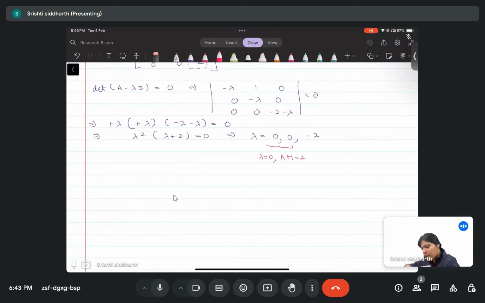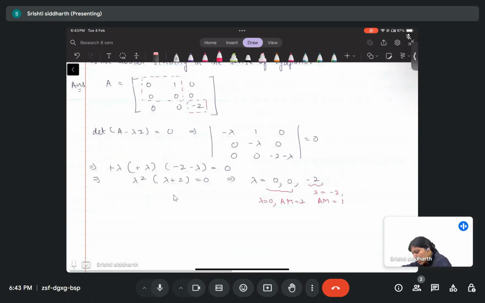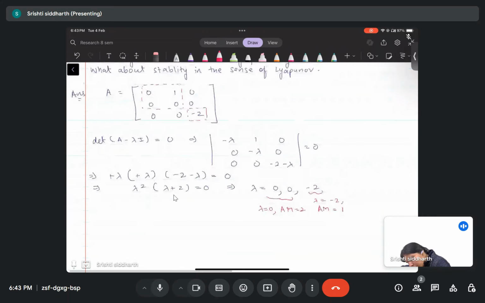So lambda equals 0 has algebraic multiplicity 2, and lambda equals minus 2 has algebraic multiplicity 1. So you can see that the matrix A is already in the Jordan normal form.